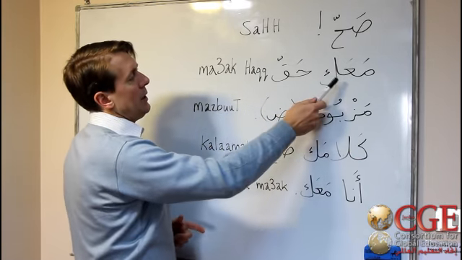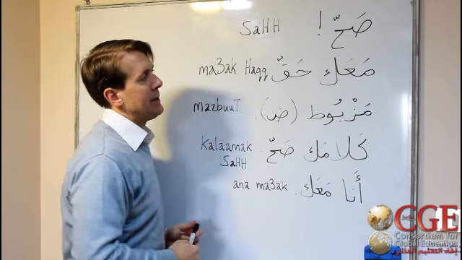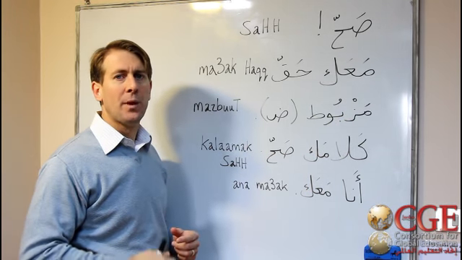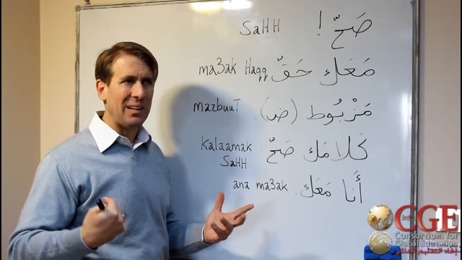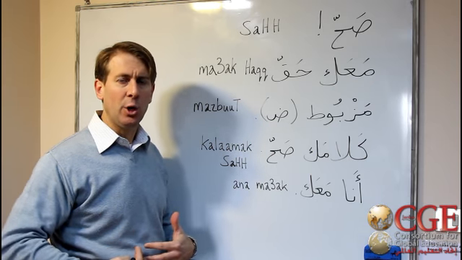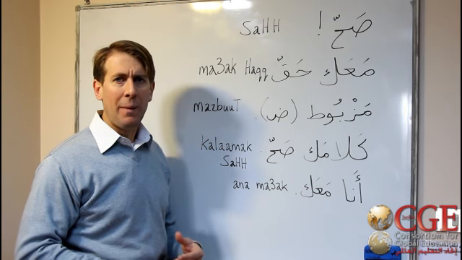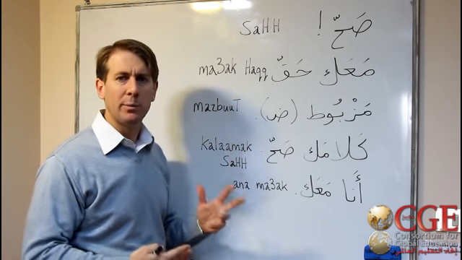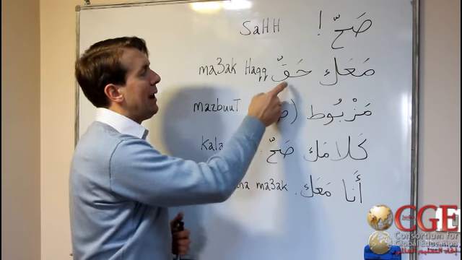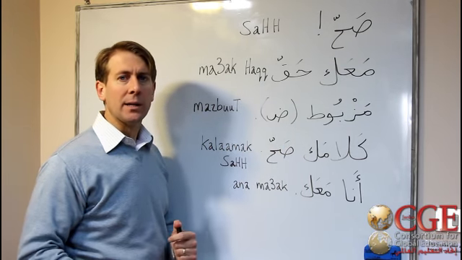Then the second one here is ma'ak ha. Or if you want to say it in more of a Jordanian Bedouin way, the Bedouin men mostly say hug. Ma'ak hug.